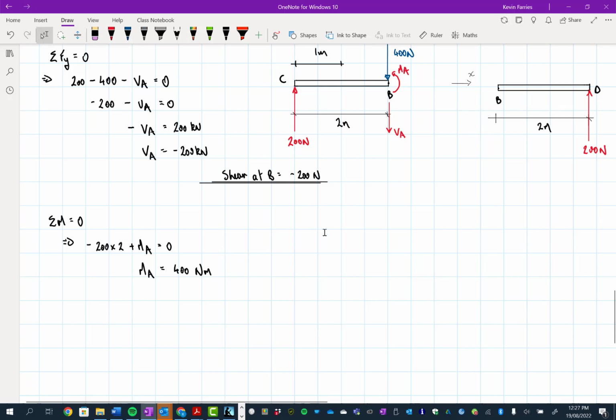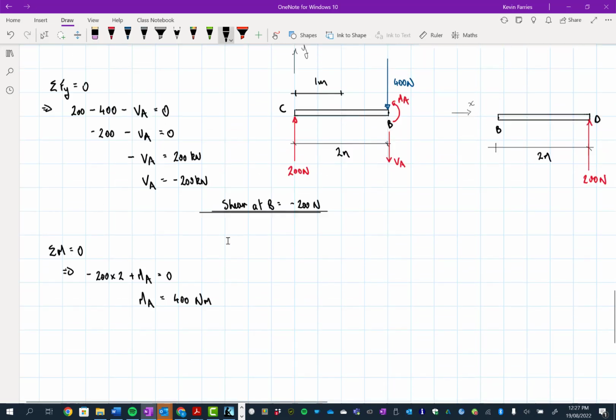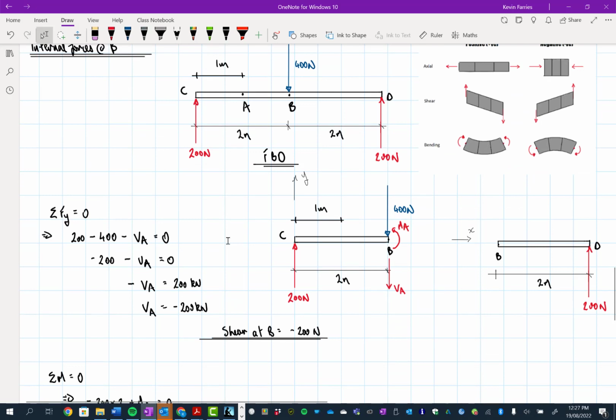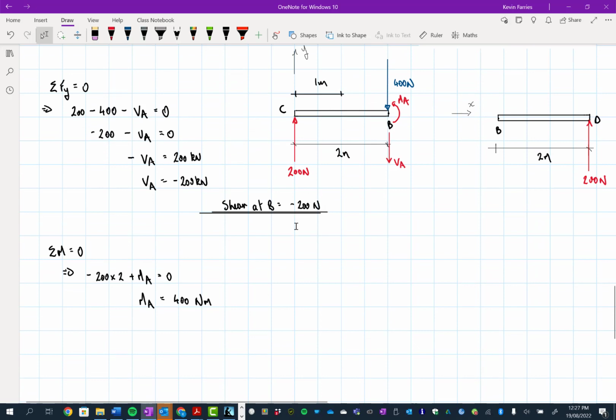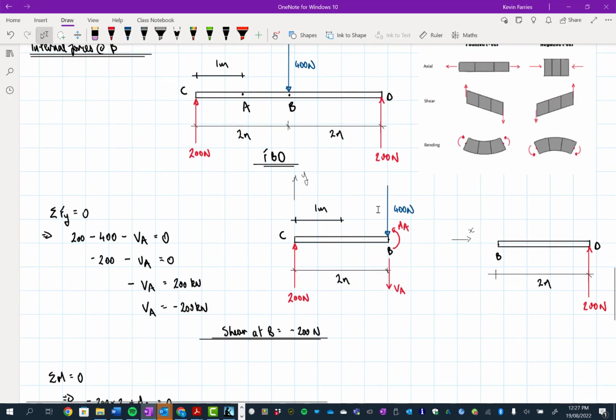Fair enough. So this time this is the right way around, therefore it is a positive bending moment, because it's this one here. So it's positive, so that's correct. So it's still a positive net bending moment, but it's a negative shear. How did we know that? Well, we drew it on as if the shear would be positive, so we drew it on down the way on the right. That would be a positive shear.